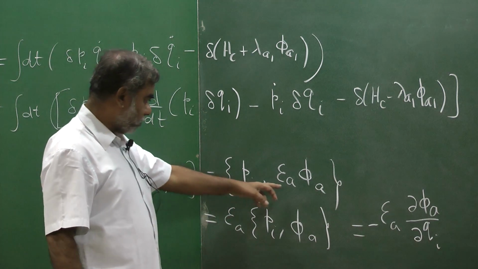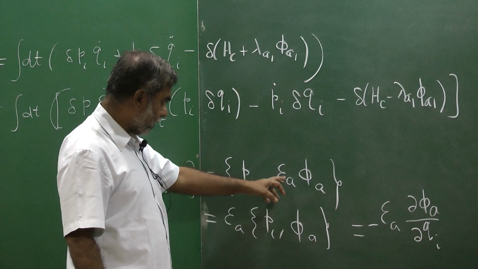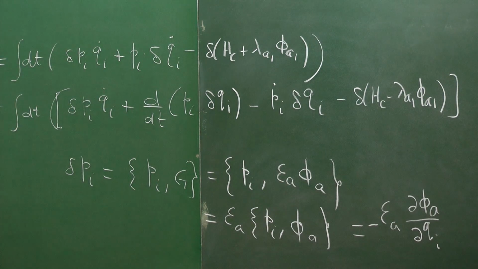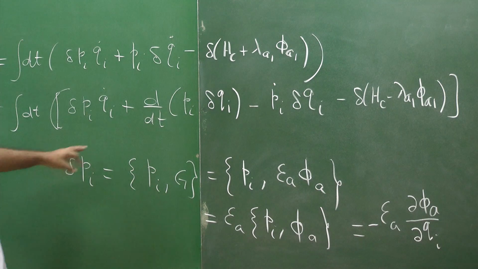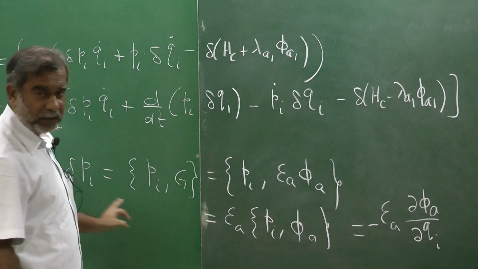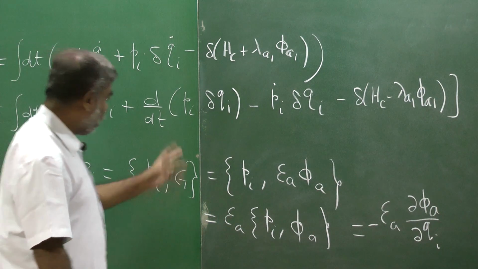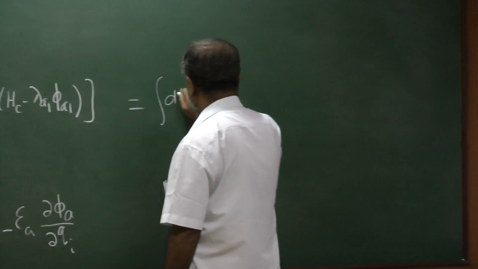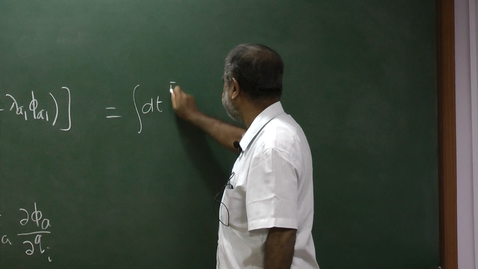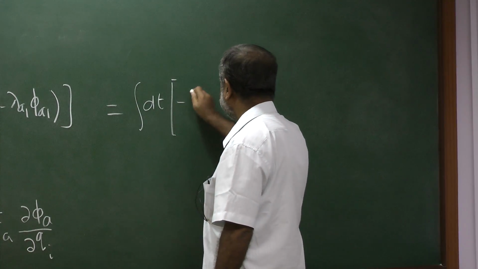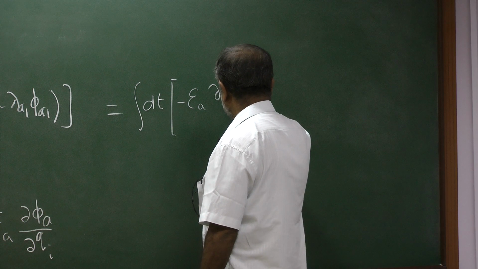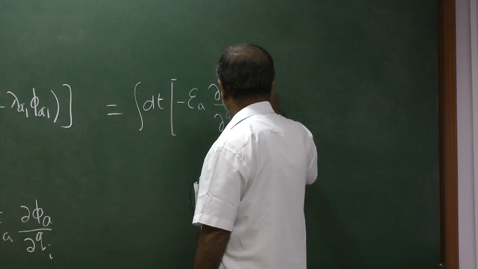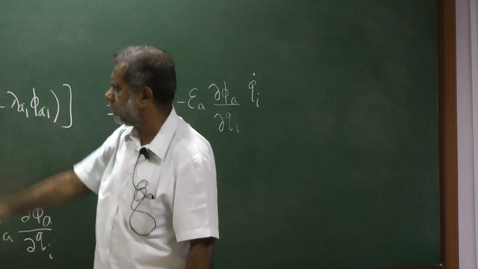Okay. The other term just drops out because, as I've told you, if you take the bracket and the constant remains outside, you can ignore it. Okay, so this is delta Pi. And delta Qi can also be done exactly in the same way. And if you combine the two results, then this has the form, this is the first one.